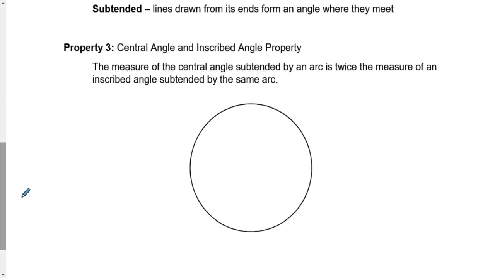All right. So third property. The last 3 properties go very quickly. It's the central angle and inscribed angle property. So what that means is if we have a central angle and an inscribed angle, no matter where I've drawn it, I could draw it anywhere.